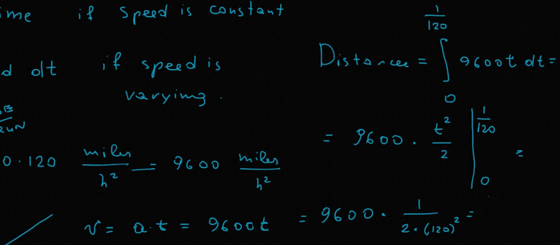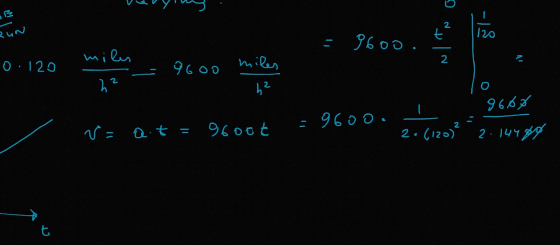Okay, so that's going to be 9600 divided by 2 and by 14400. We can reduce this fraction by 100, so zeros cancel out. 96 can keep reducing. Let's reduce both numerator and denominator by 2 to begin with.